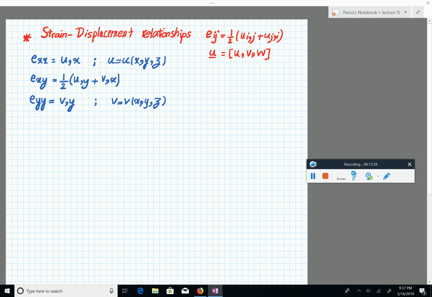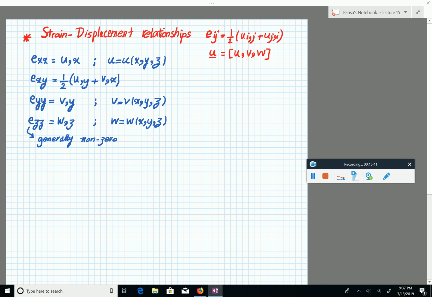And then the components which have z in them. Let's look at them. Ezz is w comma z. In general, w is also a function of x, y, z until we know more. We saw that it is generally non-zero.